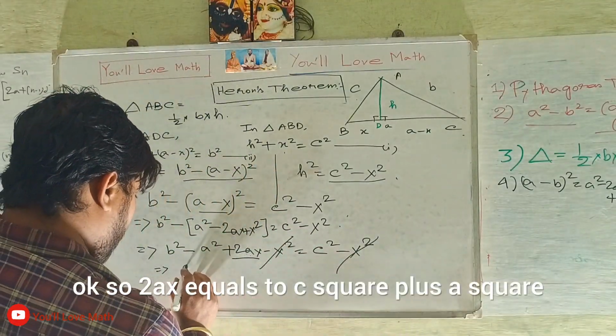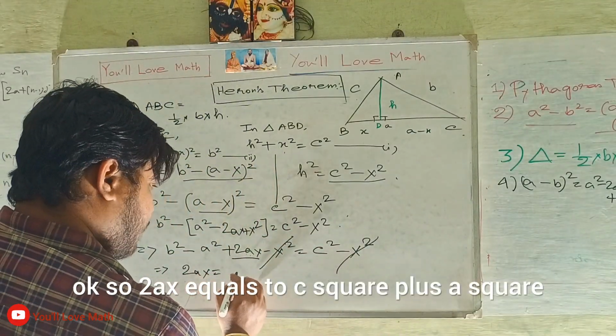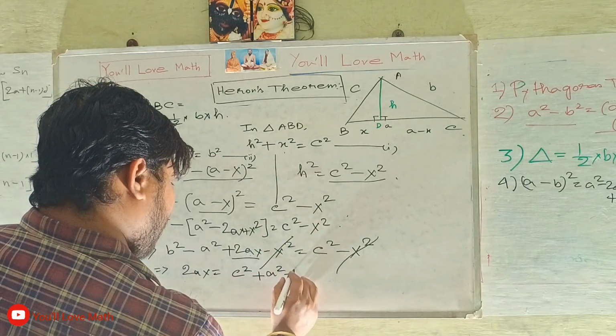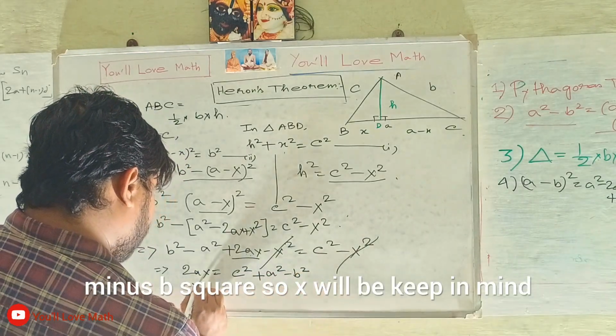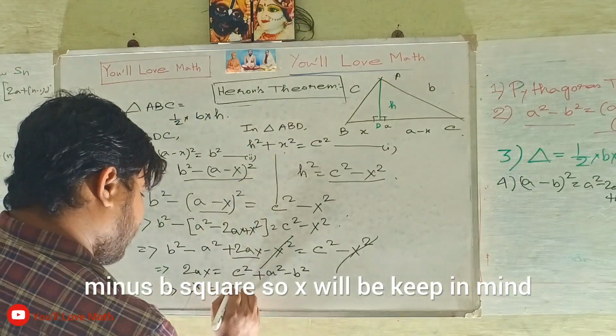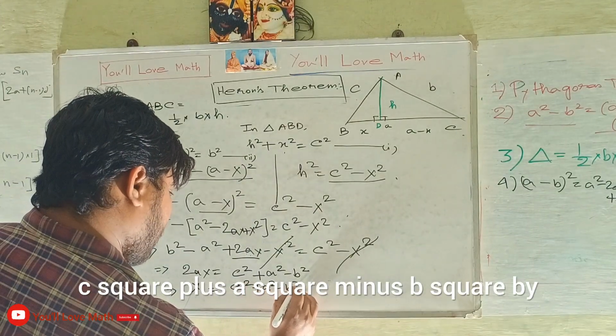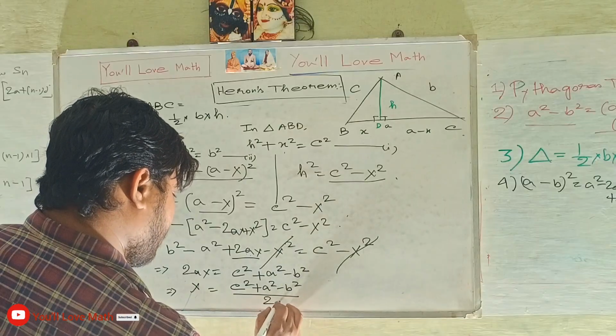So 2AX equals C square plus A square minus B square. So X will be, keep in mind, (C square plus A square minus B square) by 2A.